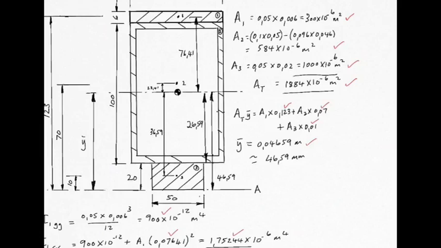So let's have a look why we've got 0.123 for number 1. Where's number 1? That's this one up here. How far is it from the reference edge to its own centroid? Well, it's 123 millimeters right to that point, and you obtain that by arithmetic.